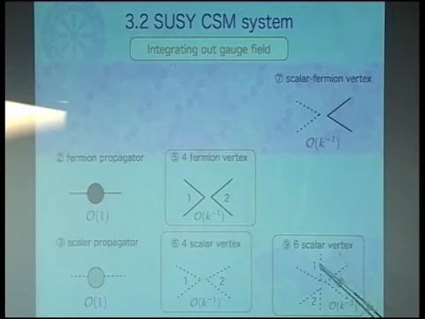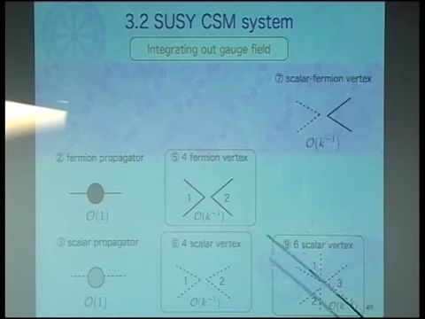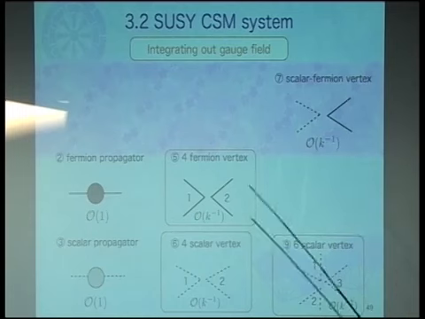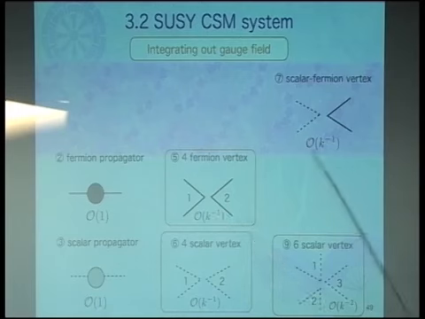The 6-scalar vertex also appears, in such a way that the phi fields are not symmetric. And this vertex is ordered like this.